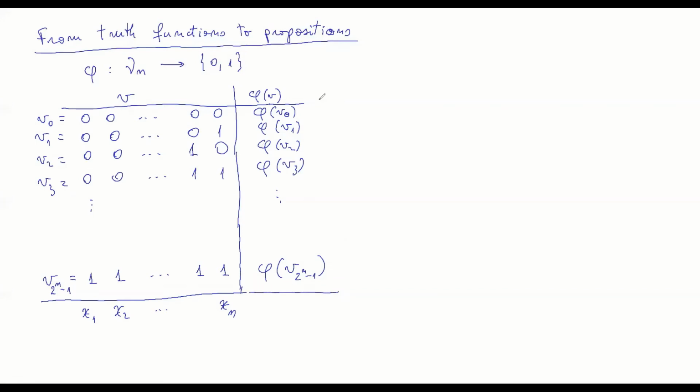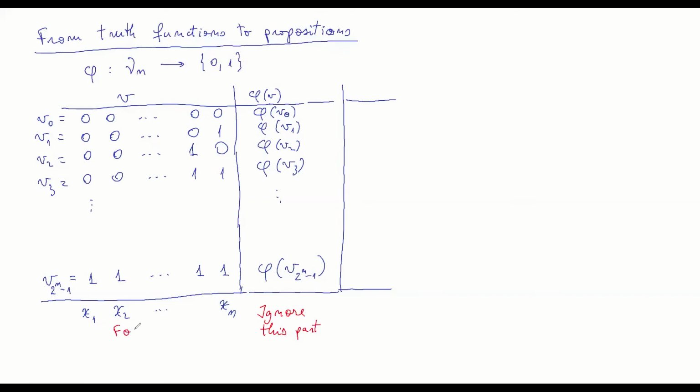And so I do this construction in 2 steps. The first step, in fact, I'm going to ignore this for a second. Ignore the values that the truth function gets, and let's focus just on this part.